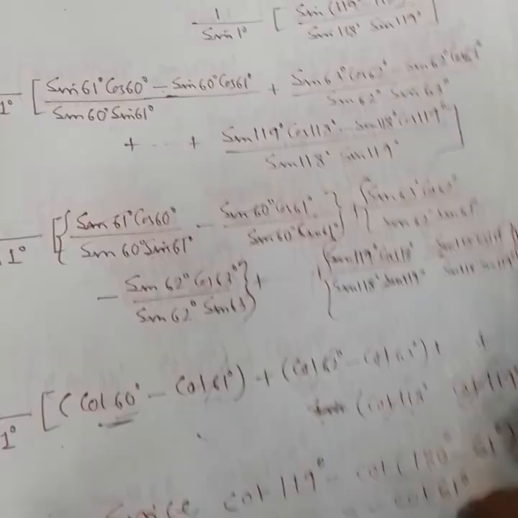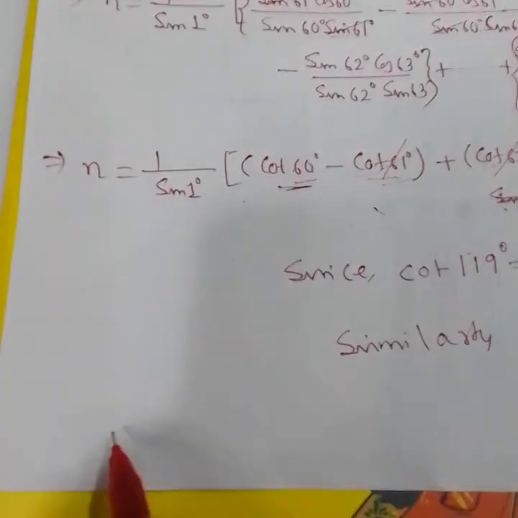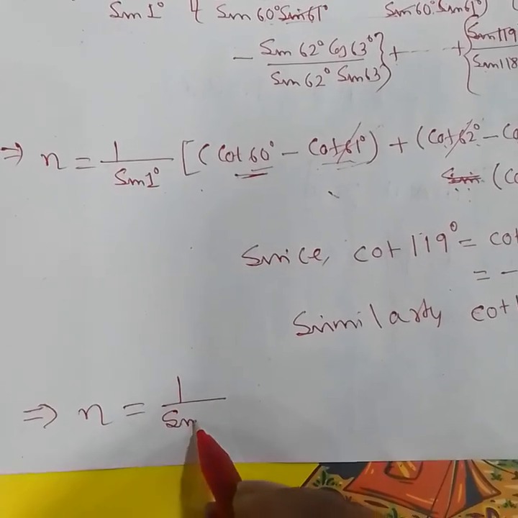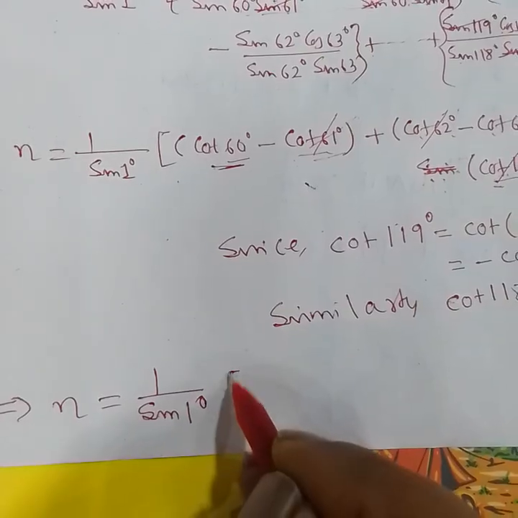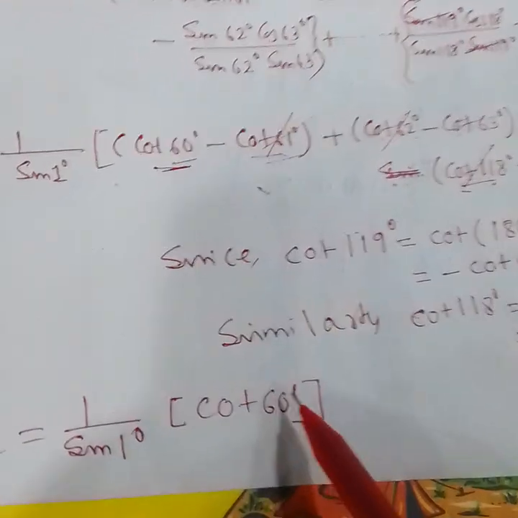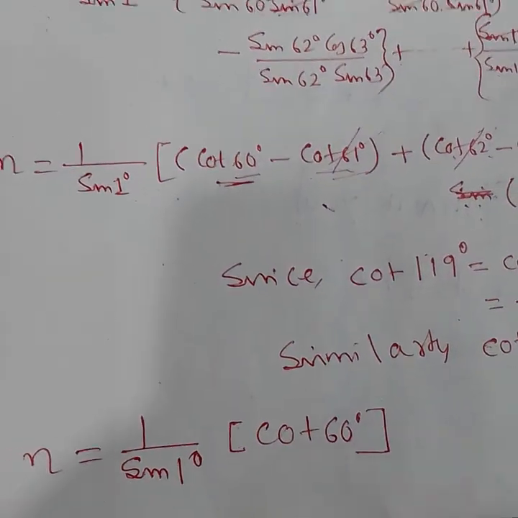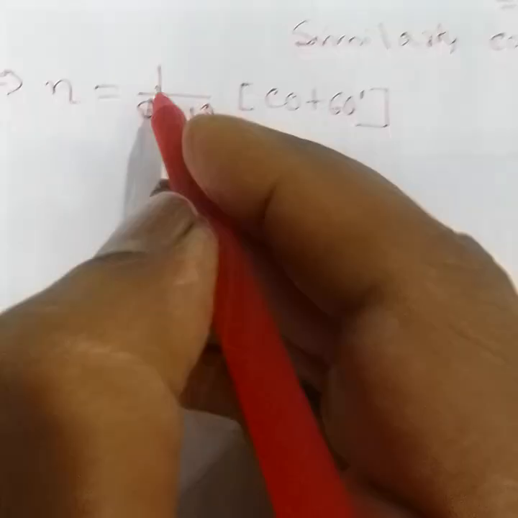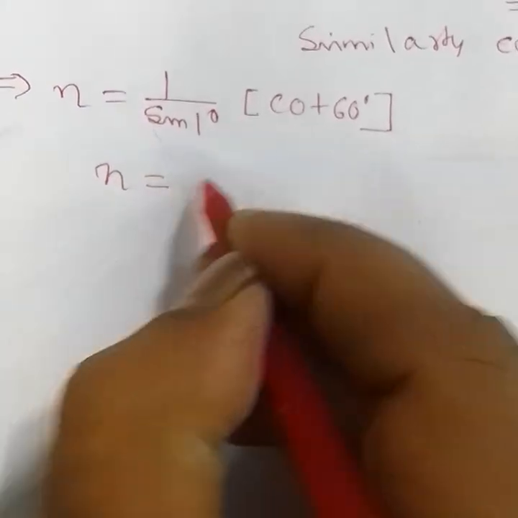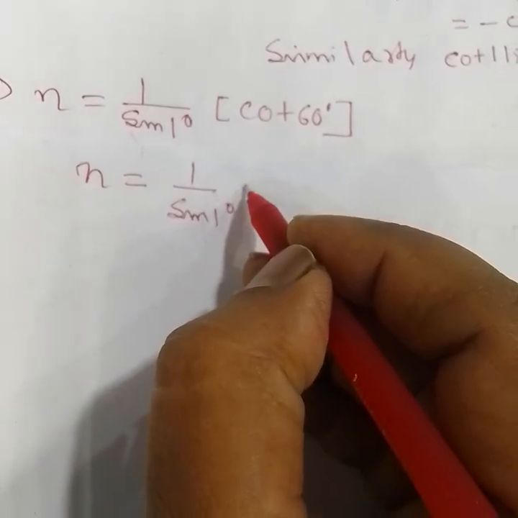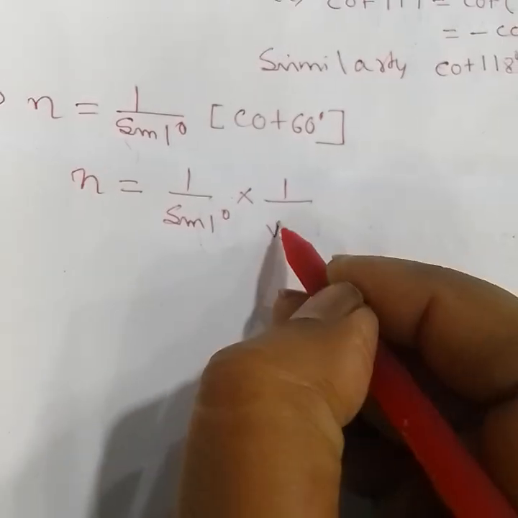So finally, leaving that term, n will be 1 by sine 1 degree into only cot 60 degree. The remaining terms will be cancelled by each other. So n equals 1 by sine 1 degree into the value of cot 60, which is 1 by root 3.